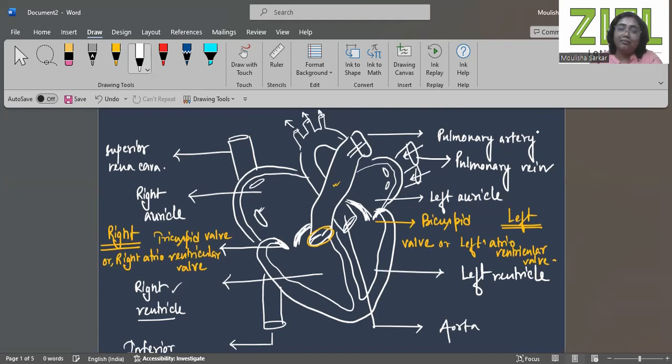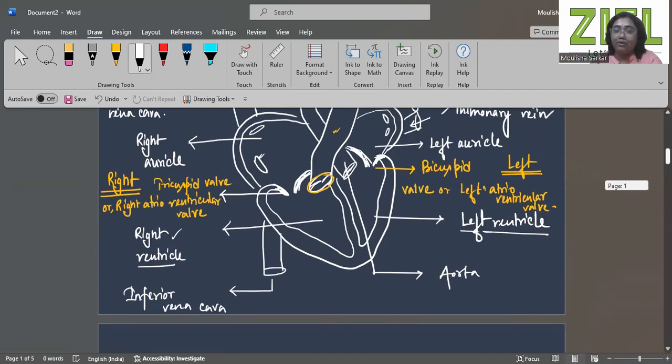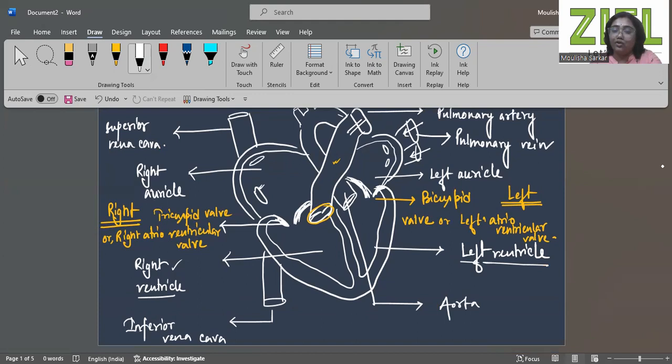So these are the branches of the aorta. The aorta is connected with the left ventricle. And there is also another valve present at the mouth of the aorta, between the left ventricle and the aorta. This valve is called the aortic valve.